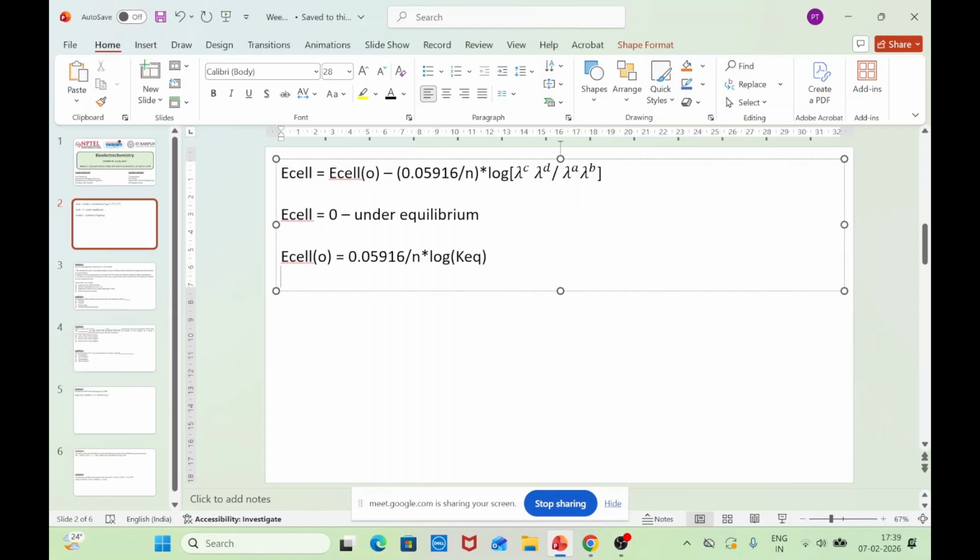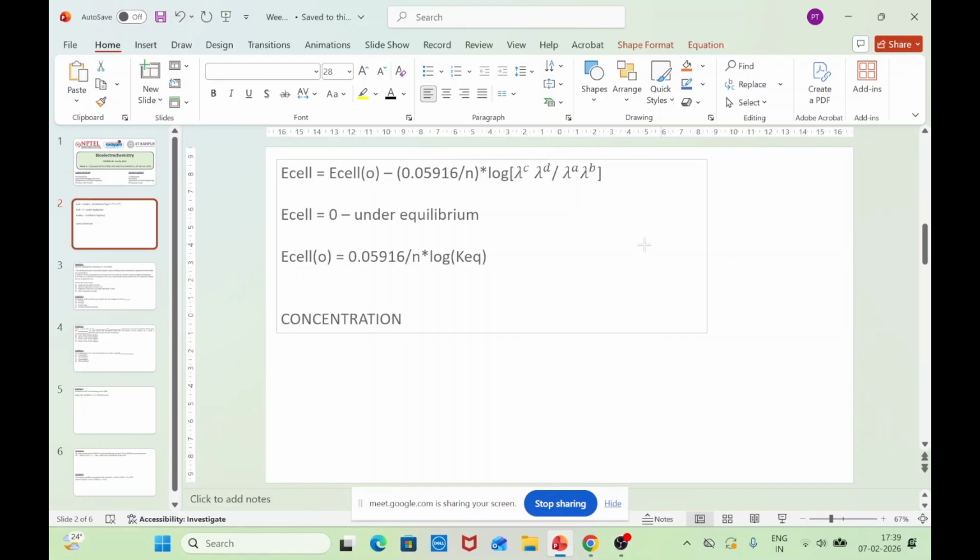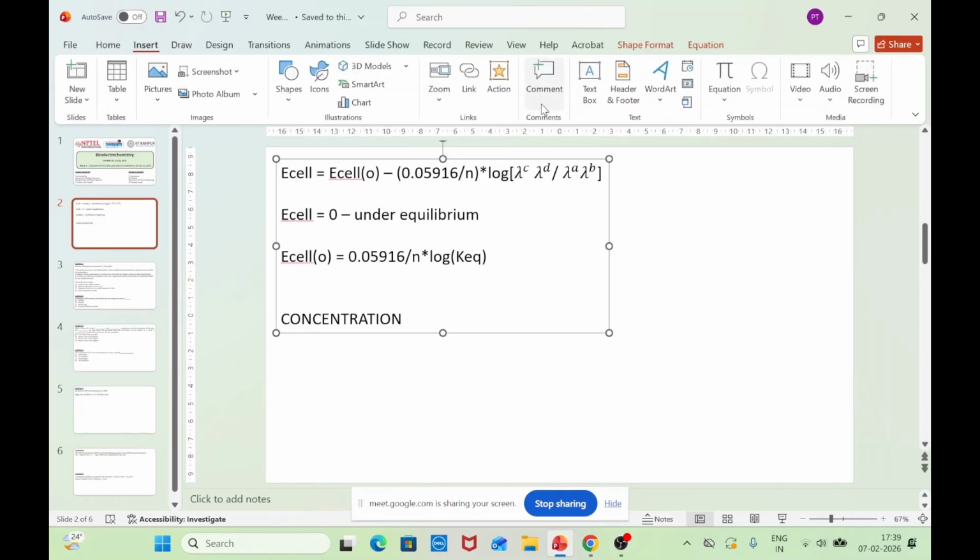Okay. So now let's move on towards the concept of concentration cells. Again, this equation is actually based on the chemical reaction represented in this form.